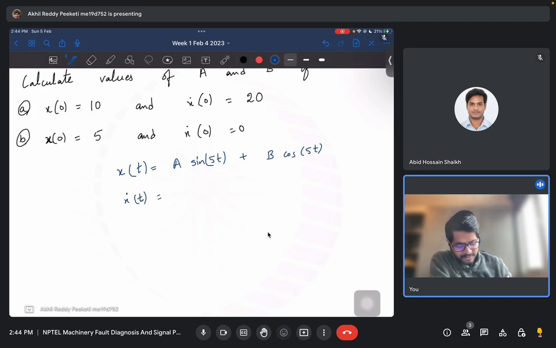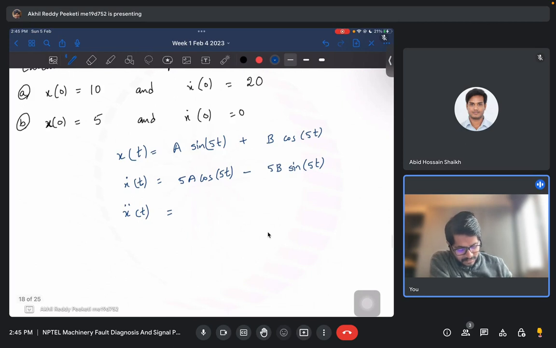You need to differentiate x, right? The sine derivative is cos, so ω a cos ωt minus, because the cos derivative is minus sine, ω b sin ωt. And for x double dot, the acceleration, you again need to differentiate this velocity. So ω times ω is ω squared, a cos derivative is sine, so minus ω squared a sin ωt, and minus ω squared b cos ωt.